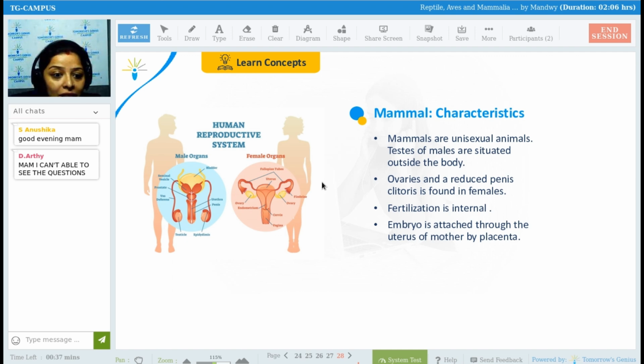Clear? Female is having a special type of structure, that is clitoris. Clitoris is a kind of reduced form of penis.